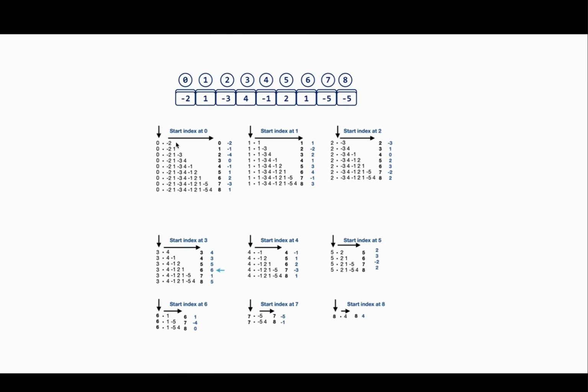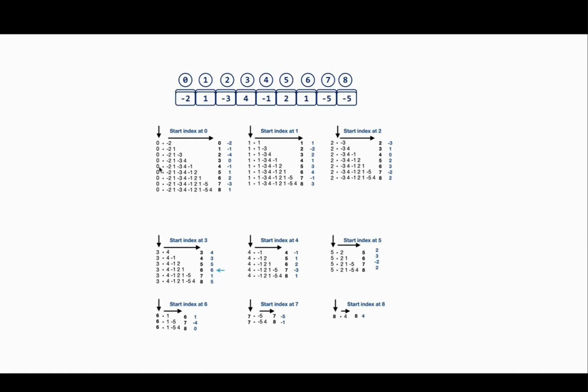The next subarray's start index is 0 and end index is 1, two elements. The next has start index 0 and end index 2, three elements. Like this way, start index is 0 and end index goes up to the last index of the array. So generating all subarrays for start index 0 takes O of n time.